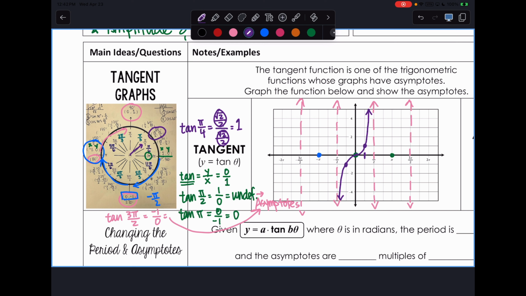This is going to repeat between every asymptote. Every set of asymptotes that you get, it's going to be repeated over and over and over again forever and ever. Yes? So the one on the right and the one on the left are going to go the same way? Yes. So we're going to go to the right 1 and up 1, just the same way I did with the main one in the center.